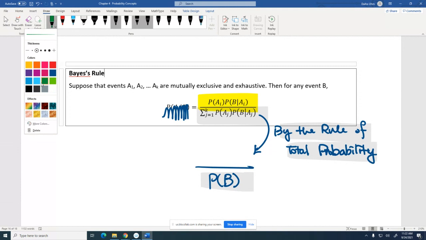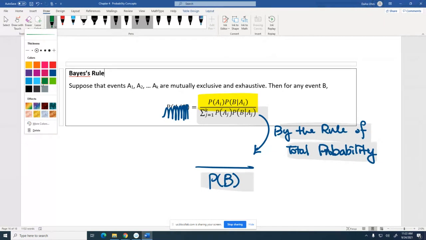Multiplication. We had two kinds of multiplications, right? One was the general one, and the other one was the special one. Who is this? The general multiplication rule. We used that before in the rule of total probability.